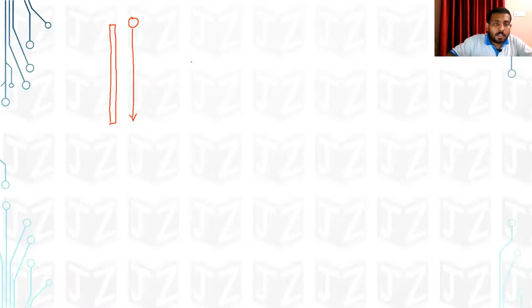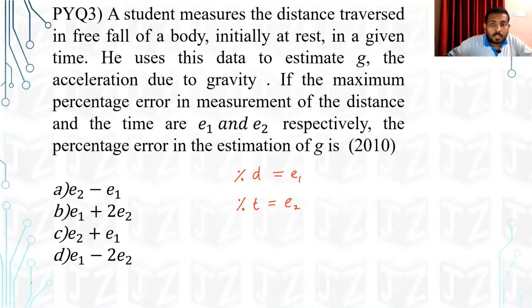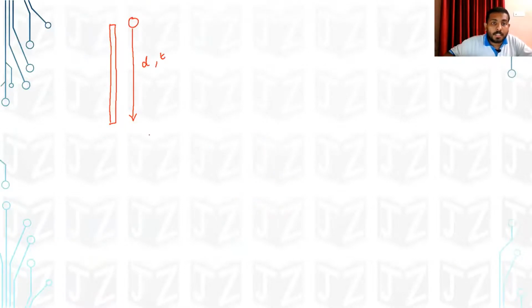So let the distance that the body goes down be d and the time it took be t. So what's the question? A maximum percentage error, then the percentage error in estimation of g. We have to find the percentage error in estimation of the acceleration due to gravity.